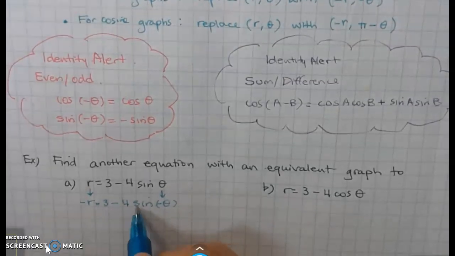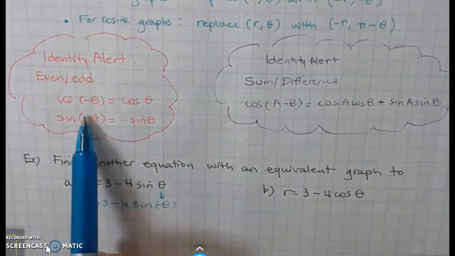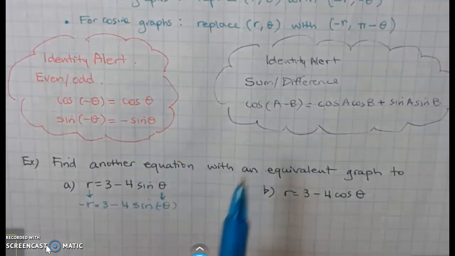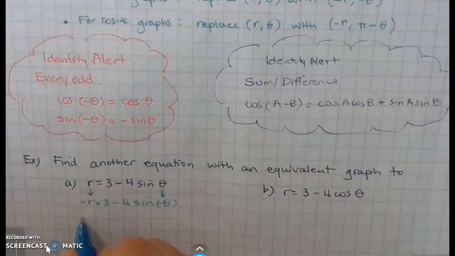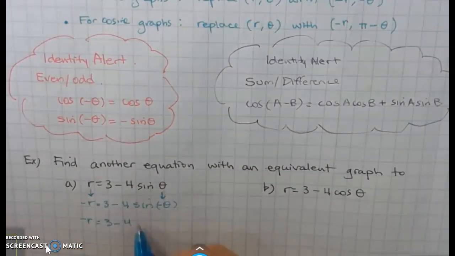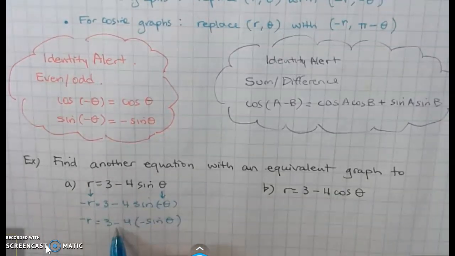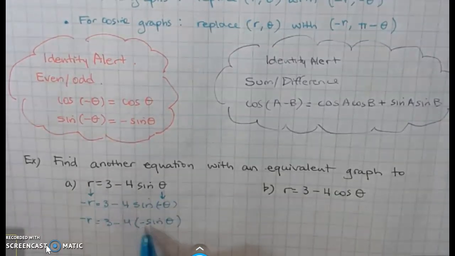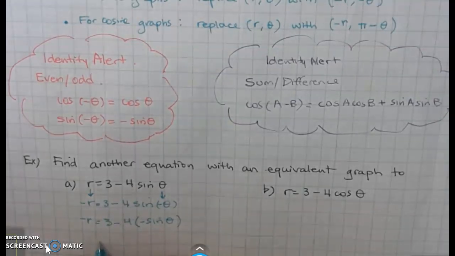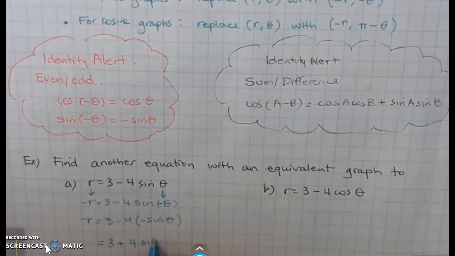Okay, so what is sine of negative theta? My even and odd identity tells me sine of negative theta is really the same as negative sine theta. So negative r is equal to 3 minus 4 times negative sine of theta. You're multiplying negative 4 times negative sine of theta, so negative times negative is positive 4, which is the same as 3 plus 4 sine of theta.